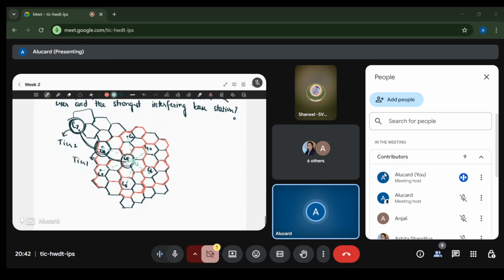Now, I have not drawn the diagram very carefully, so it is not very clear how to calculate the distance between C0 and C1.